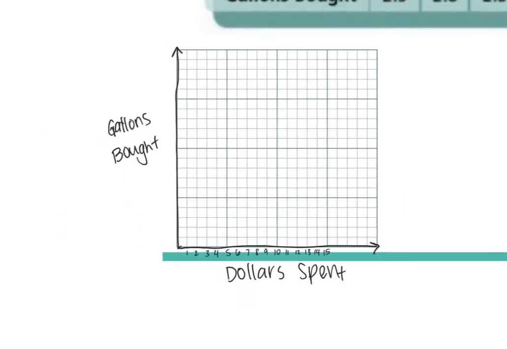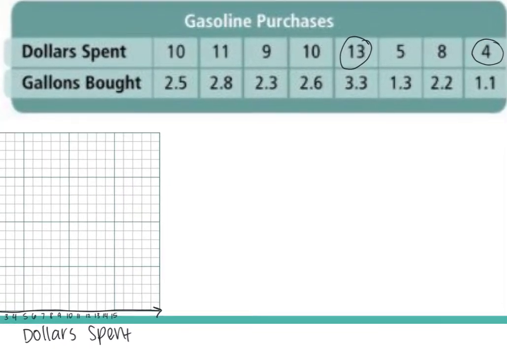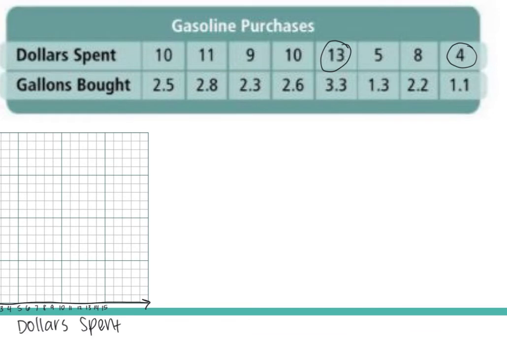Okay? And then in gallons bought, I would recommend, let's go by like 0.1. No, let's go by 0.2. So each interval will be 0.2.